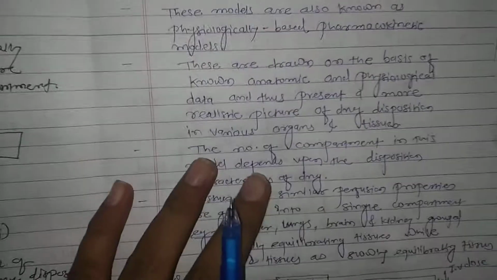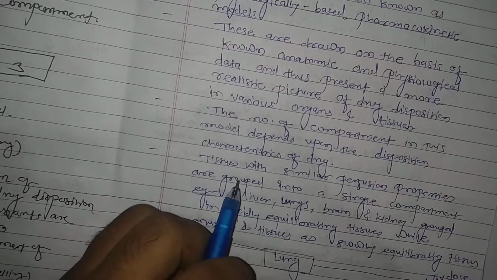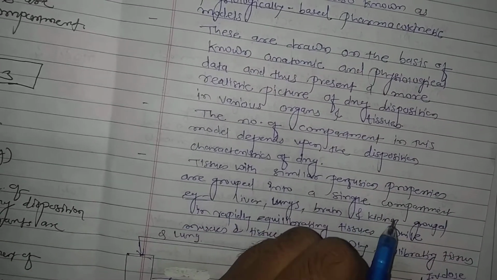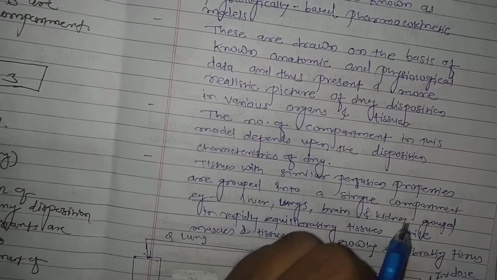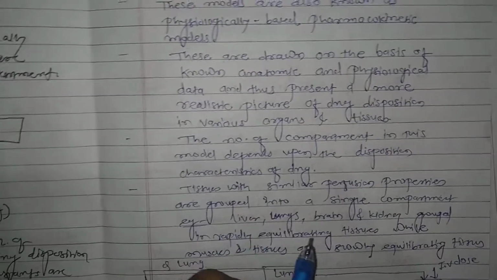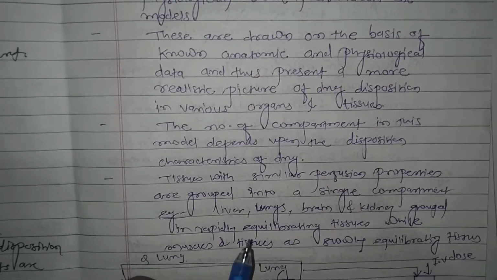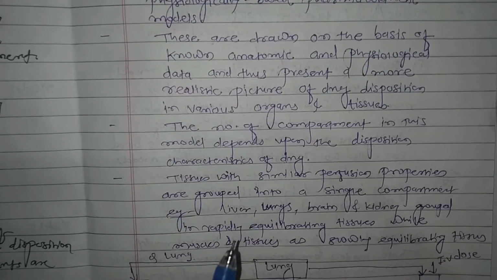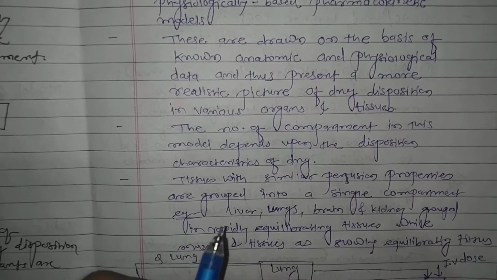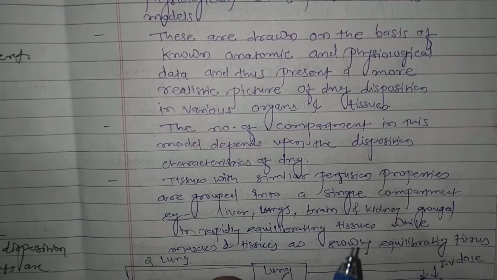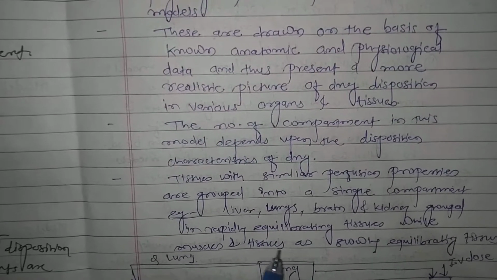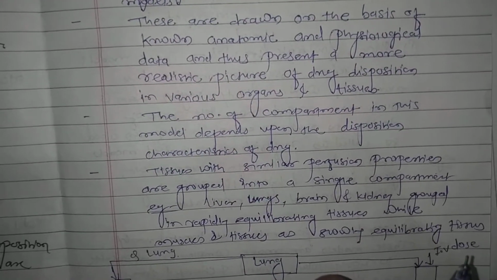Tissues with similar perfusion properties are categorized or grouped into a single compartment. Example, liver, lungs, brain and kidney are grouped into one compartment, that is, rapidly equilibrating tissue, while muscles and adipose tissues are slowly equilibrating tissue.